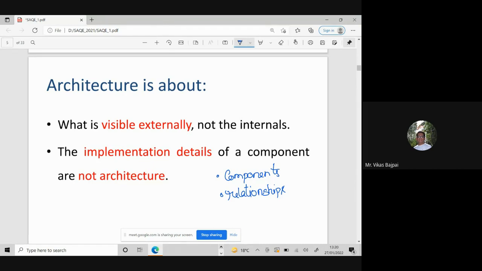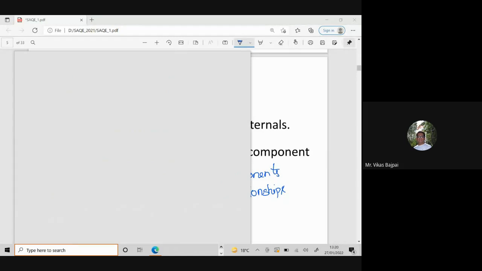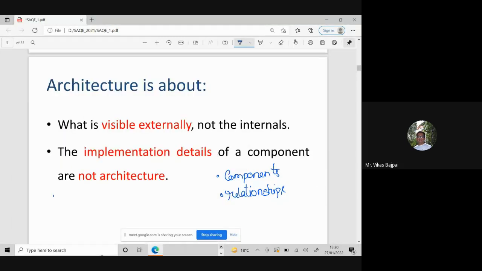So software architecture and design includes several contributory factors, which can be your business strategies, or the business logic. It can have quality attributes.